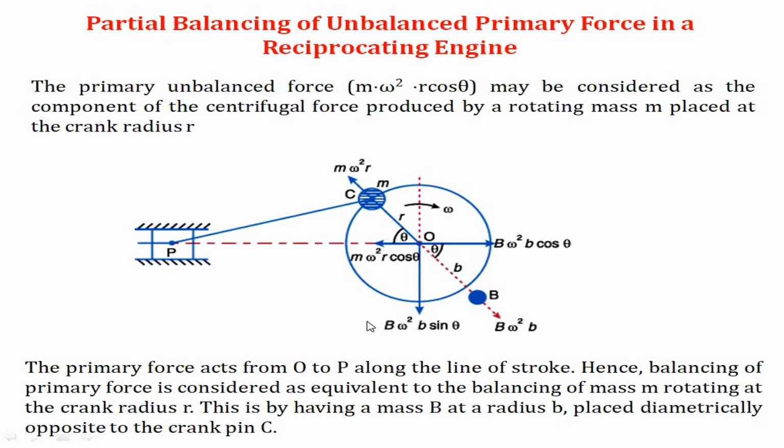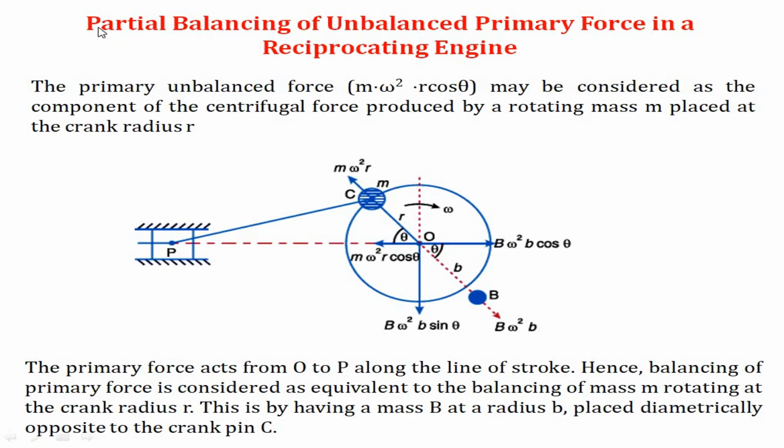At the same time, one component of the balancing mass that we have placed, which creates one centrifugal force, is going to be left out. So B omega square b sin theta will remain unbalanced. If we need to balance it, the iteration of adding a mass or removing the mass will go on.